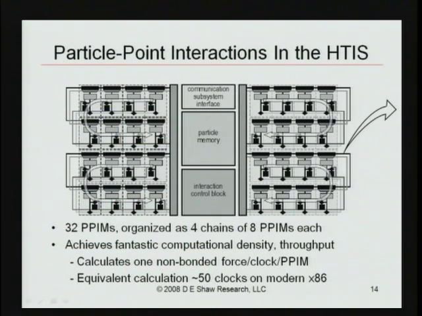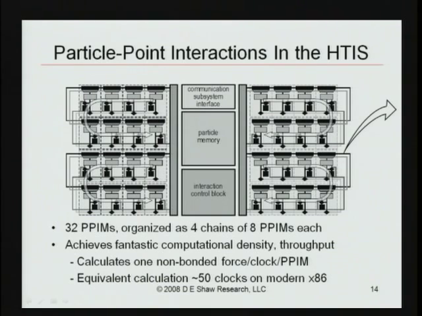So in the HTIS, what we have is an array of parallel pipelines, 32 of them, each one of which can calculate one pairwise interaction every clock, and a control unit that matches up pairs of particles to send into that, and an interesting pipeline reduction unit that sums up all the forces that act on any individual particle, so that what goes into the HTIS is individual particles.